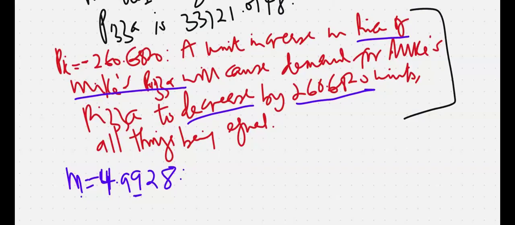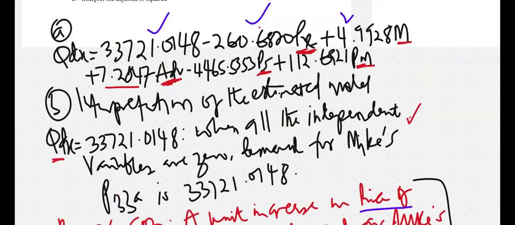Here, instead of saying price of X or price of Mike's Pizza, because I'm dealing with the variable consumer's income, I would say a unit increase in consumer's income will cause demand for Mike's Pizza to increase. Increase because the coefficient of consumer's income is positive.